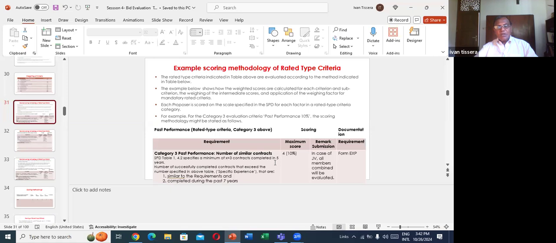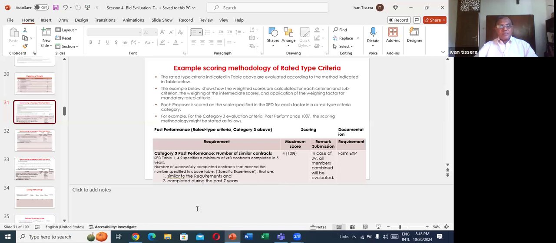They give 4 out of 10, right? Number of successfully completed contracts that exceed the number specified in the above table, specified experience, that are 1 similar to the requirement and 2 completed during the past 7 years.